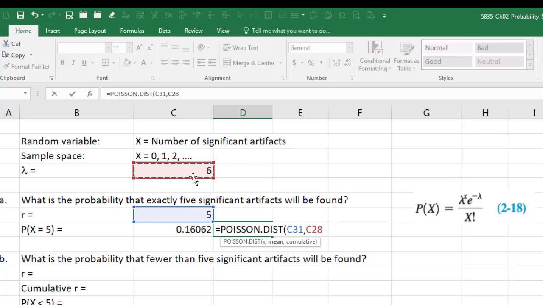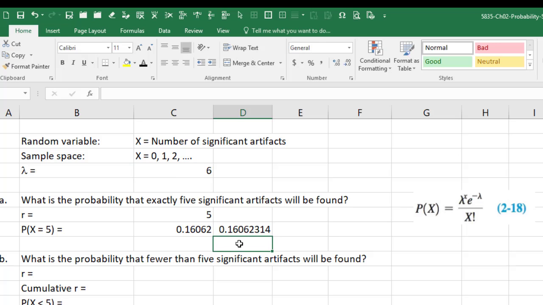Mean is the only parameter that we need to compute Poisson probability. And then, of course, we have to specify whether we want a cumulative value or an individual probability. So we want an individual probability, so we say false for cumulative, then we get the probability of x equal to 5.